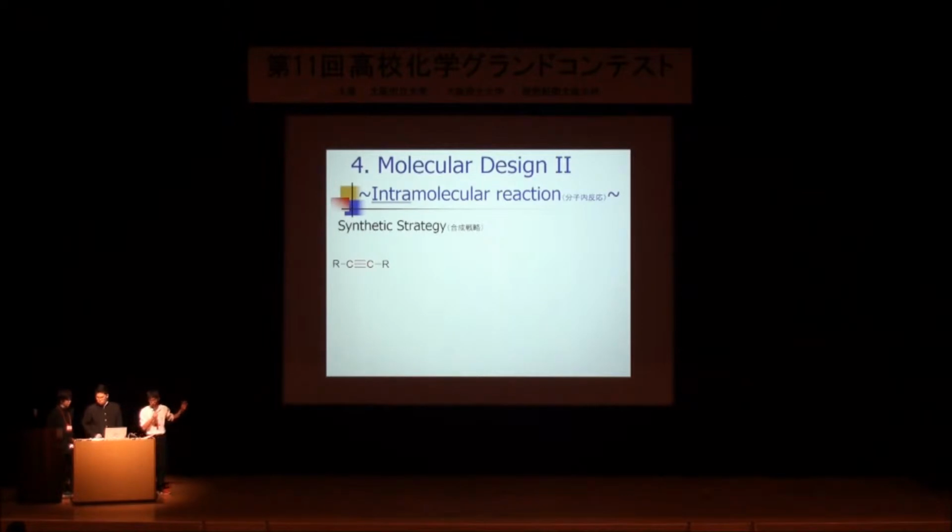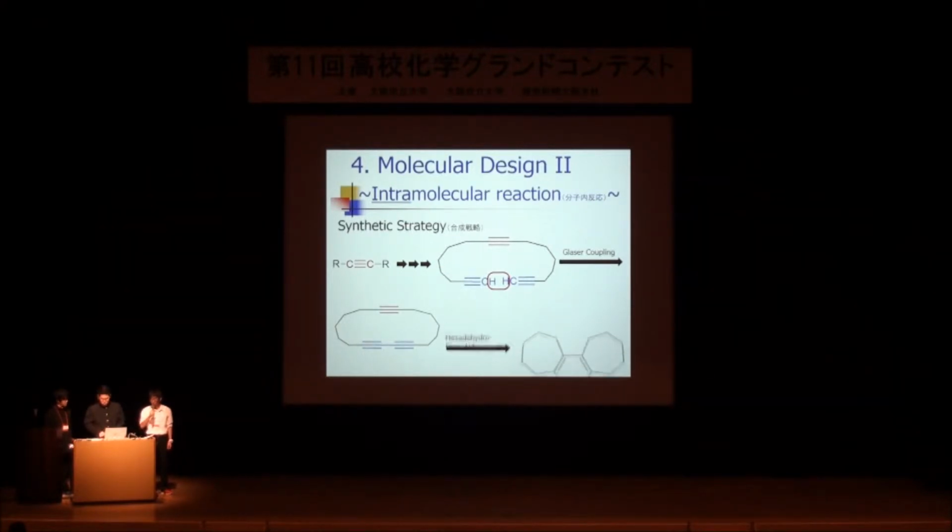This is the outline of the synthetic route. As a synthetic strategy, we start from the triple bond compound, and then terminal carbon-carbon triple bond units are connected to it. Then we close the ring by a coupling reaction. Finally, hexadehydro-Diels-Alder reaction produces benzyne.